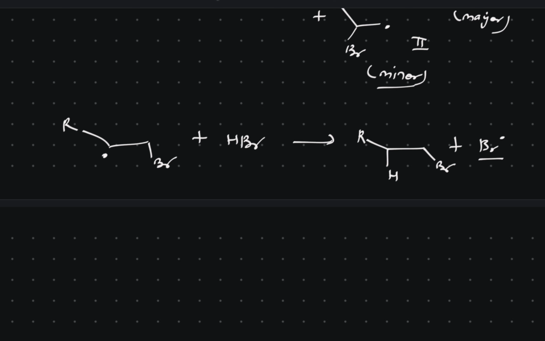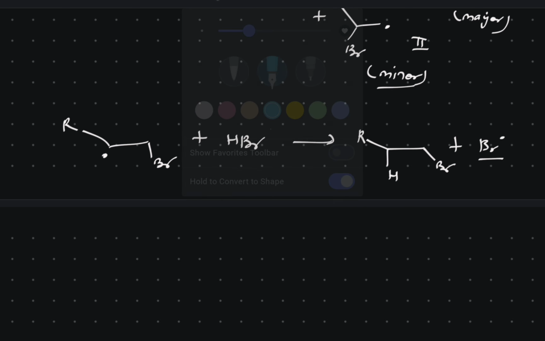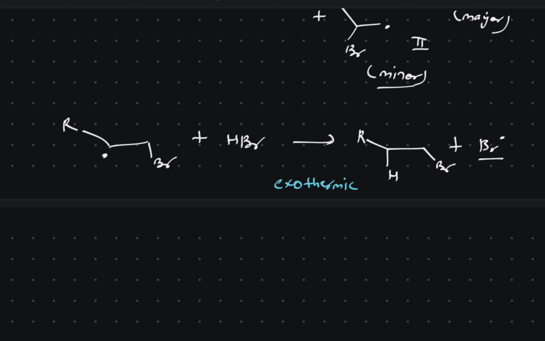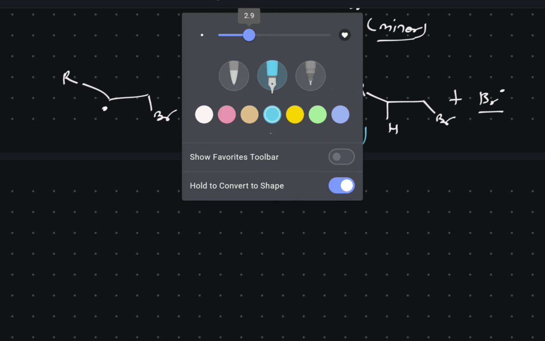So bromine radical forms in the second step of propagation. Students, this is a very important step to understand the next point which we will discuss in this video. This is an exothermic step, or kinetically favorable, so it is a fast step. Remember this point. I will discuss it in the next question.